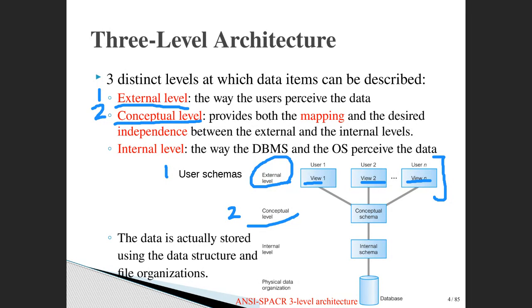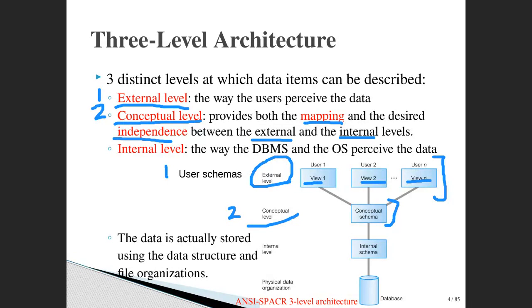There will be both mapping and the desired independence. So there will be mapping and independence between external and internal levels. It comes in between, right? This comes in between the external and internal.